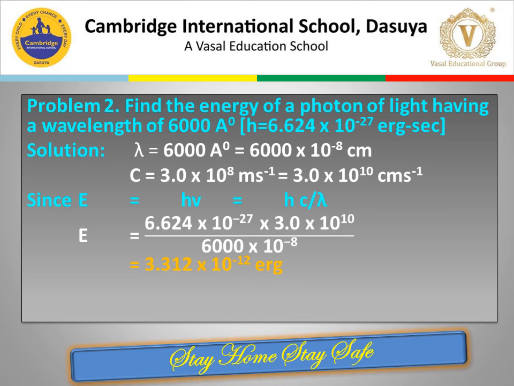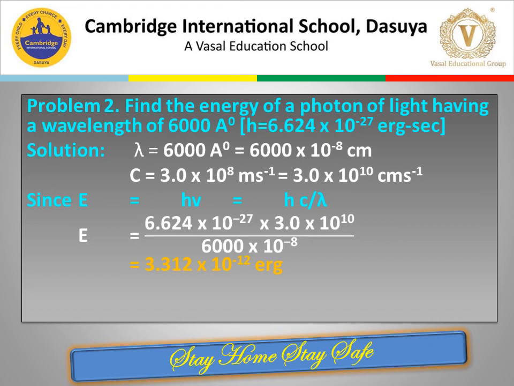Since we know that E equals h nu, this is written as E equals hc upon lambda, because wavelength is given. So putting the values of wavelength, speed of light and h in E equals hc upon lambda, we have E equals 6.624 into 10 power minus 27 into 3.0 into 10 power 10, this is h into c, upon the wavelength 6000 into 10 power minus 8.